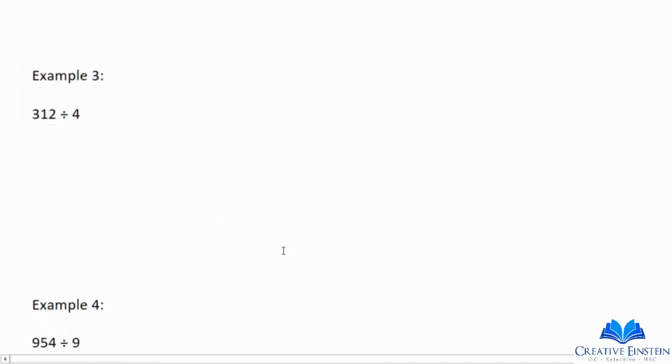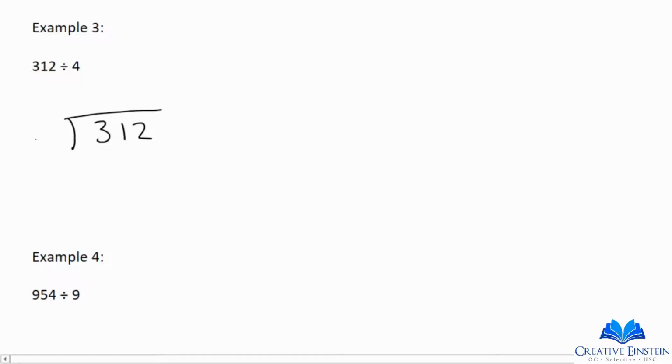Okay, let's move down to the next example. 312 divided by 4. So the first number I'm using is 3. 3 divided by 4 equals 0, remainder 3. So 0 and 3 in between 3 and 1, and I cross off the 3.